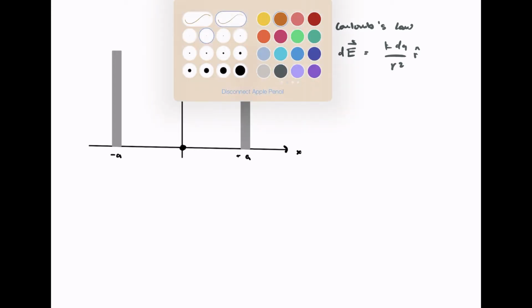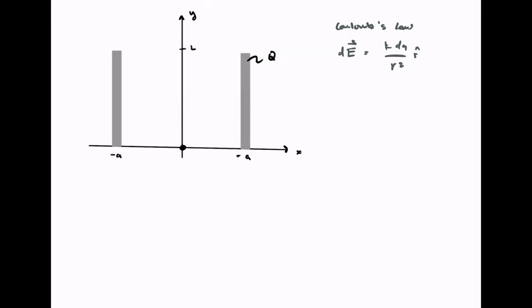To do that, we're going to break these rods into a lot of little point charges, and I'm just going to take some sample ones right here. These we will call dq. Each dq has a width of dy.